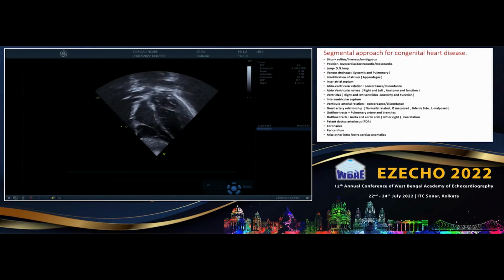To identify the valves, the AV valves always follow the ventricles. So to identify the AV valves, first is the tricuspid valve. How to identify? It is offset, slightly towards the apical region. Look carefully: the mitral valve doesn't have any septal attachment, while the tricuspid has a septal attachment.